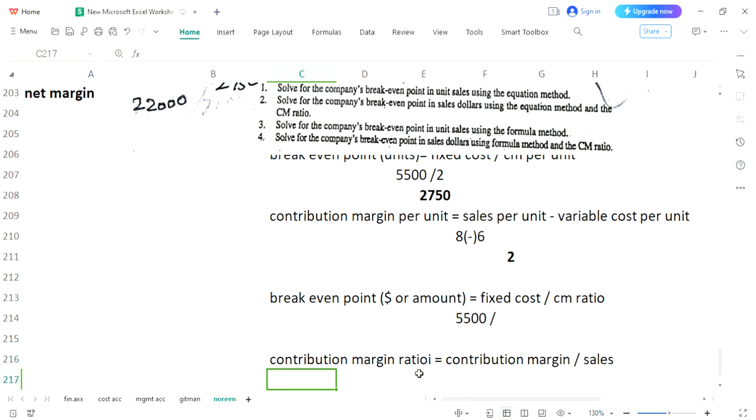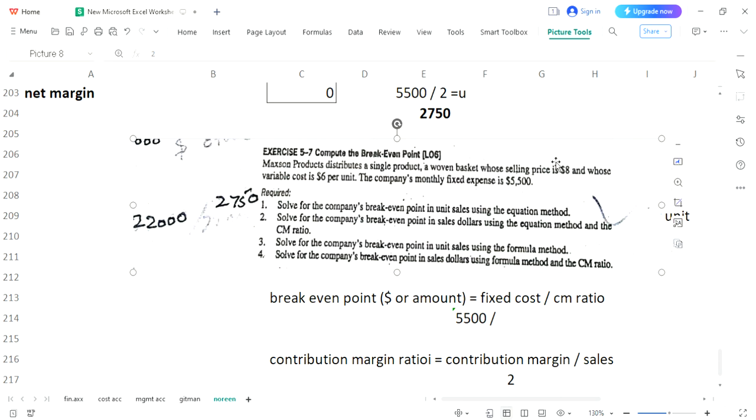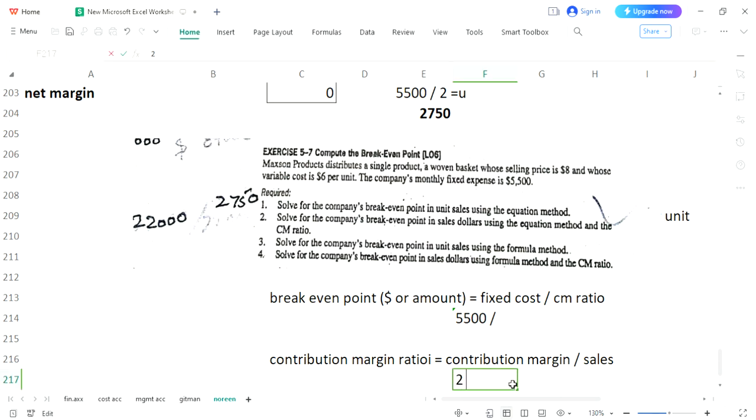You may take per unit or you may take total. Contribution margin we have just calculated, per unit is 2, and sale price per unit you can see over here is 8. So you will be dividing it by 8.